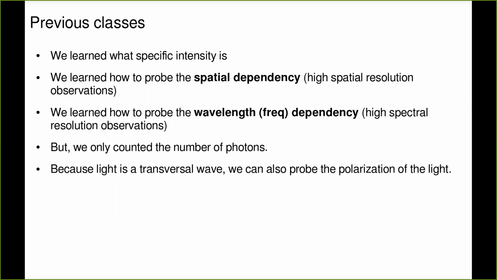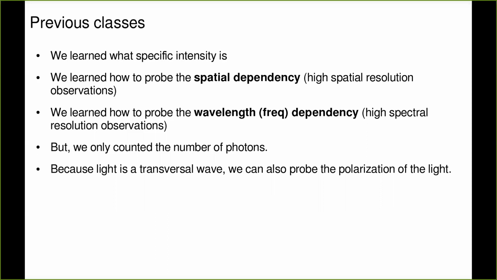We started with basically talking about specific intensity as some sort of number of counts that we receive per unit surface, unit angle, unit time, unit wavelength, etc. And first, we spent a few lectures talking about the spatial dependency, how the intensity varies with x and y, how it varies in the plane or in the sky, and how we can recover that information using image restoration techniques and adaptive optics and so on. And then last week we talked about the wavelength dependence, the Fabry-Perot and spectrographs and the way to resolve in wavelength.